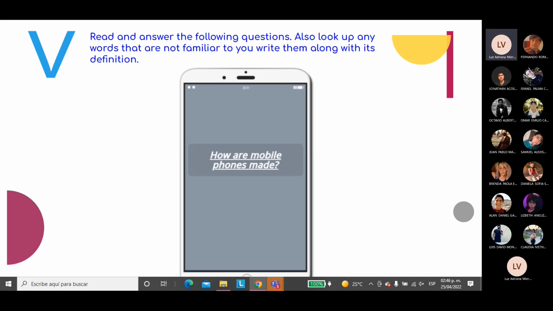Omar, go for it. I will remember the structure and some phrases to use the simple present passive. Excellent. The structure, right? Which is basically the subject, the verb to be, and the past participle. All right. What else? What else are we going to remember?